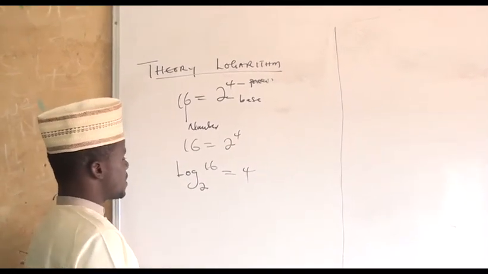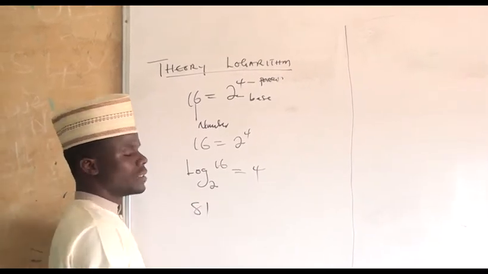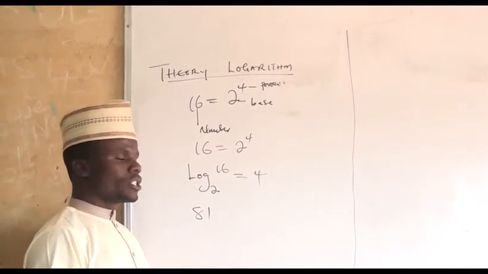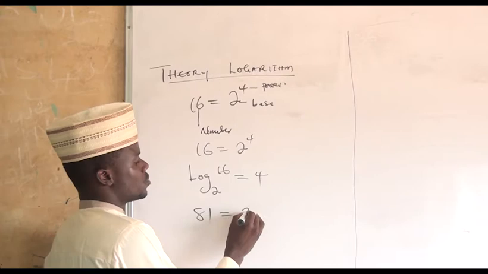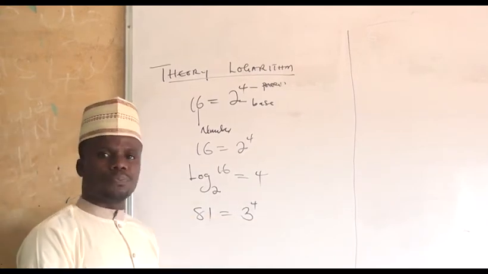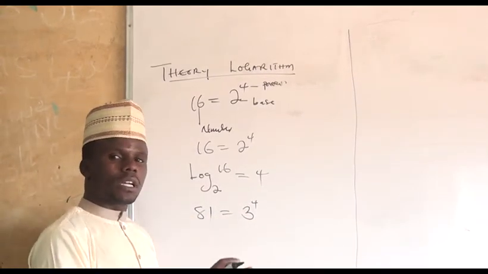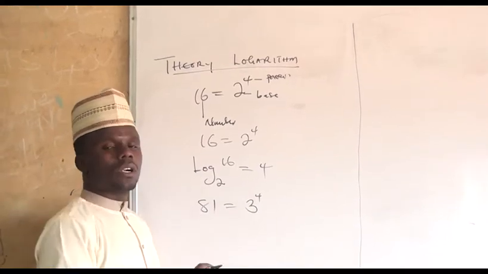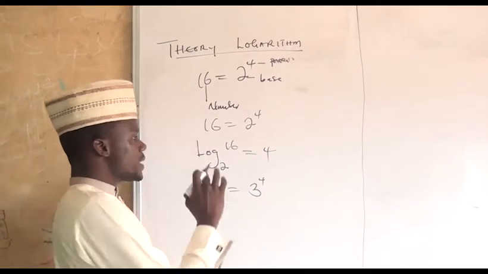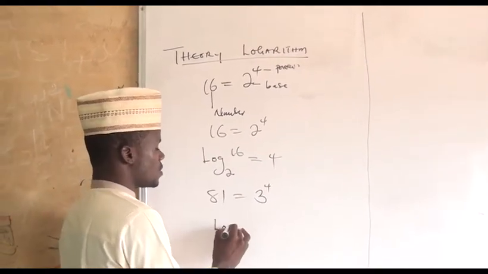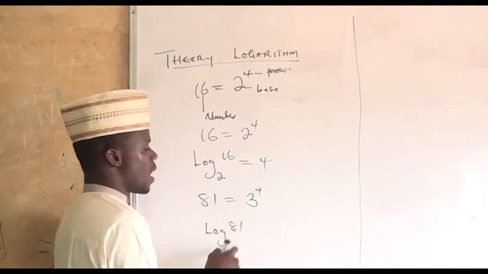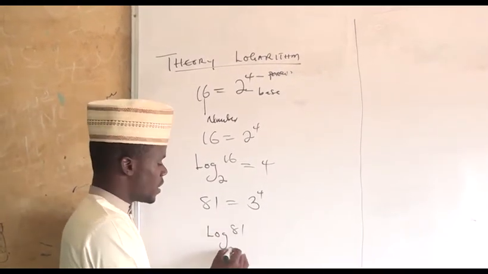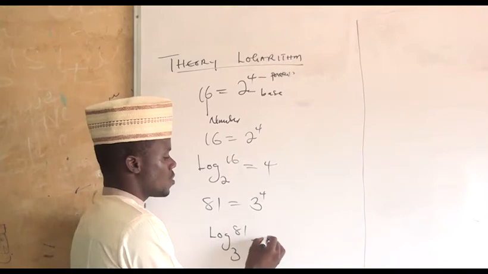If we take another example, 81, the index notation of 81 is 3 to the power of 4, because 3 times 3 times 3 times 3 is 81. So when we turn it to logarithm, we can say logarithm of 81 to base 3 is also 4.